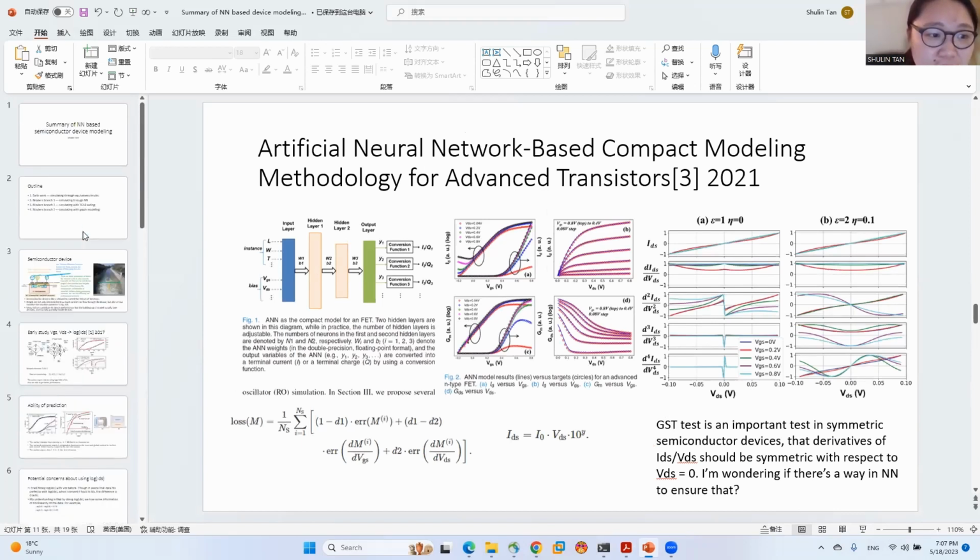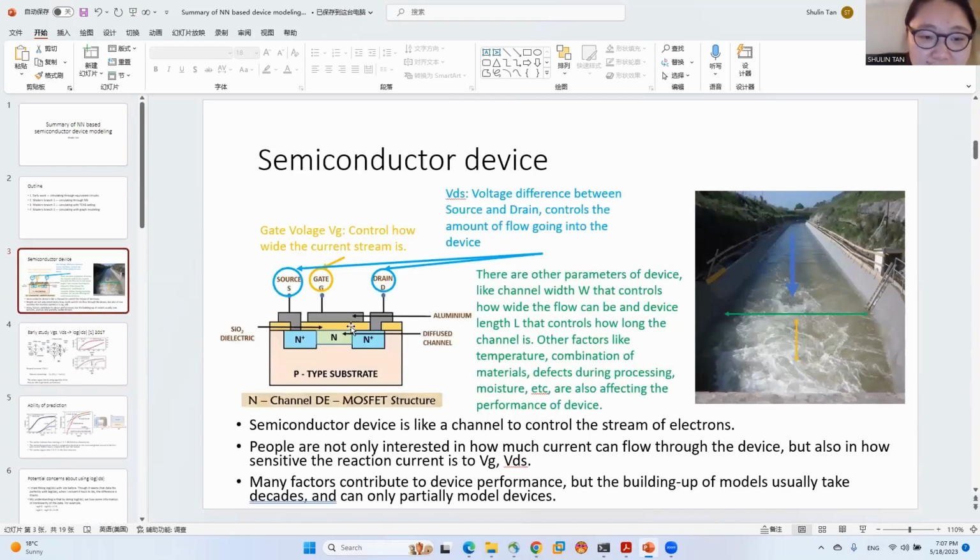The reason is that if your channel is symmetric, which means that if you look at it from left to right and from right to left, it's the same structure, then if you flip the voltage, if you flip the position of your source and gate, it should actually give you the same output. Yes?